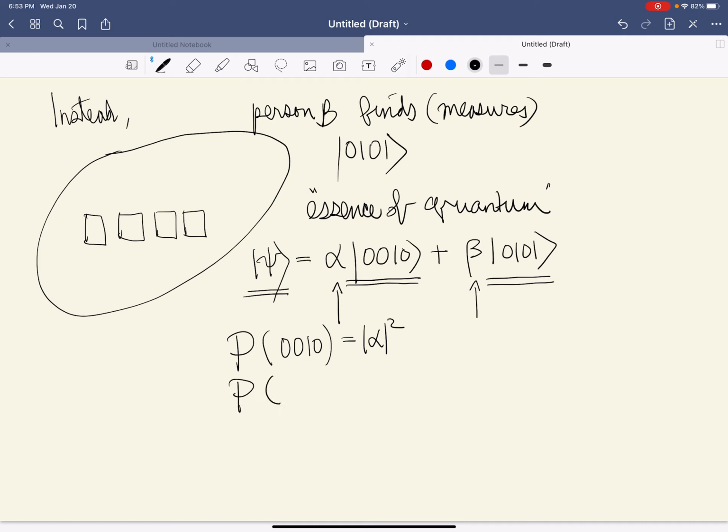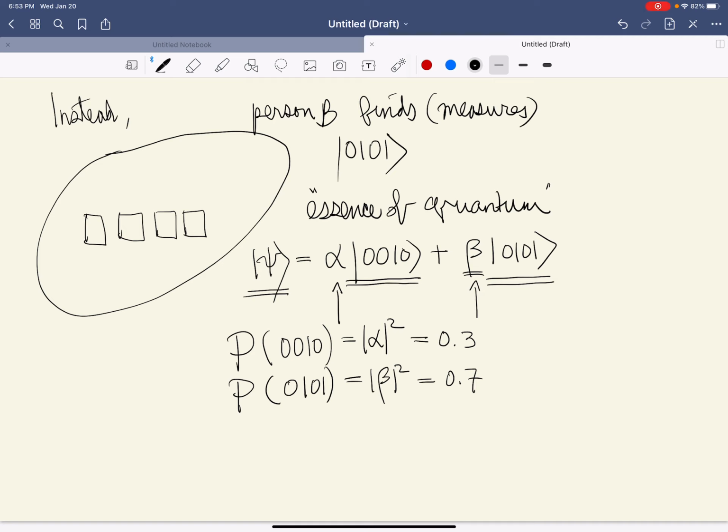And the probability that your measurement will yield the other string of bits, 0101, is given by the square amplitude of this second complex coefficient, beta. Okay, so then the nature of quantum measurements is something like this. Suppose that this alpha squared turned out to be 0.3 and this beta squared turned out to be 0.7.